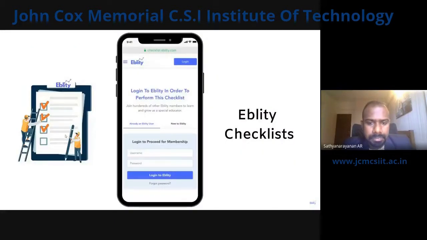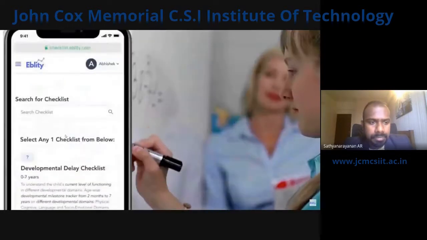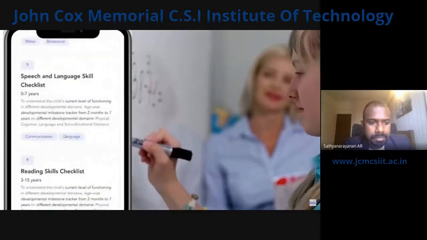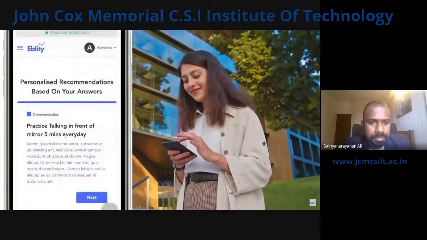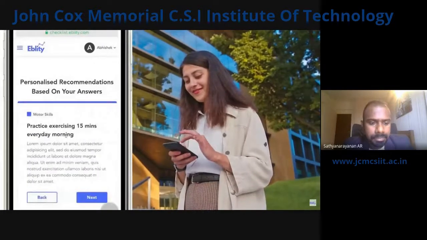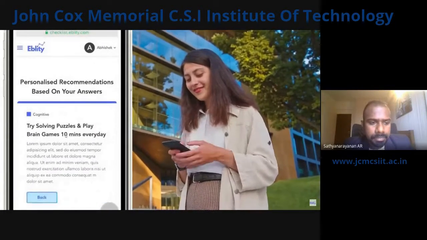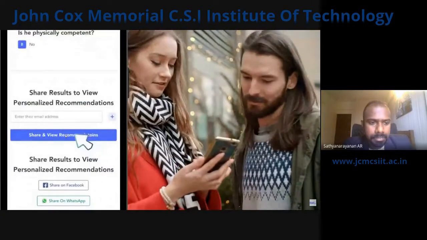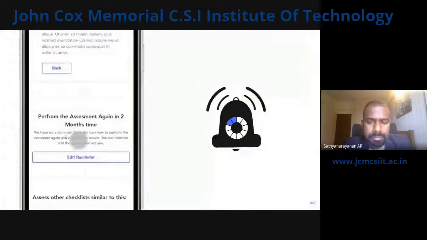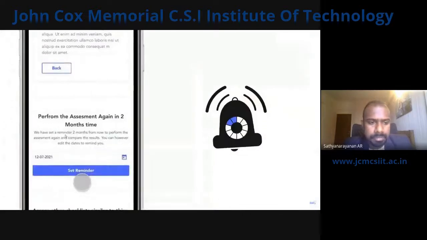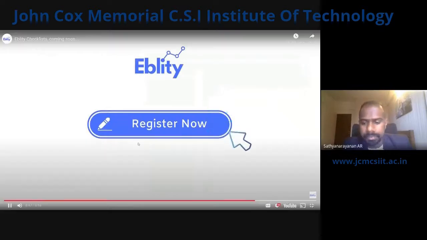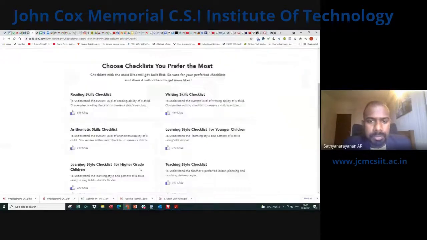Introducing Ability Checklist for professionals and parents. Ability checklists can be used to understand various academic and non-academic challenges faced by children. They follow the entire process from getting consent from the parents, performing the checklist digitally, to getting and sharing recommendations and reminders to measure progress after some interventions. Register your interest today to get early access to these digital checklists.